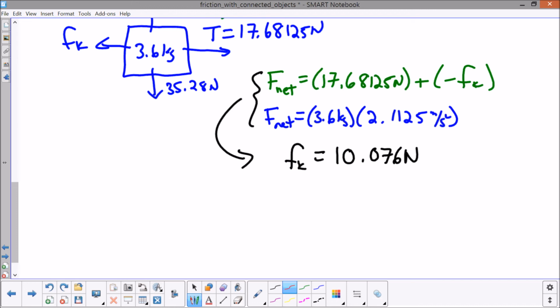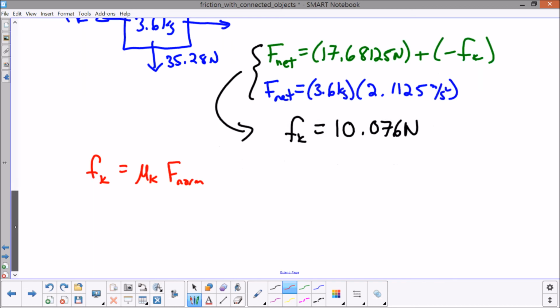Now, in this problem, we weren't asked what was the force of friction acting on the sliding block. We were asked for the coefficient of kinetic friction between the block and the table. And to do that, we use that the force of kinetic friction equals the coefficient of kinetic friction times the normal force.